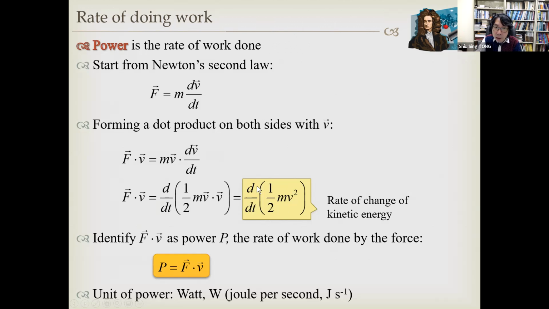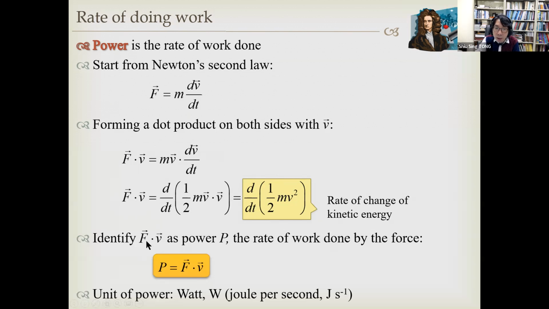Now you can see immediately that this is the rate of change of kinetic energy, because half m v squared is kinetic energy. So dK dt is the rate of change of the kinetic energy. So the work is done at a rate so that it changes the kinetic energy at a certain rate. That is the meaning of this equation. So that means the force is now changing the energy of the system at a rate, and that goes to the rate of change of kinetic energy.